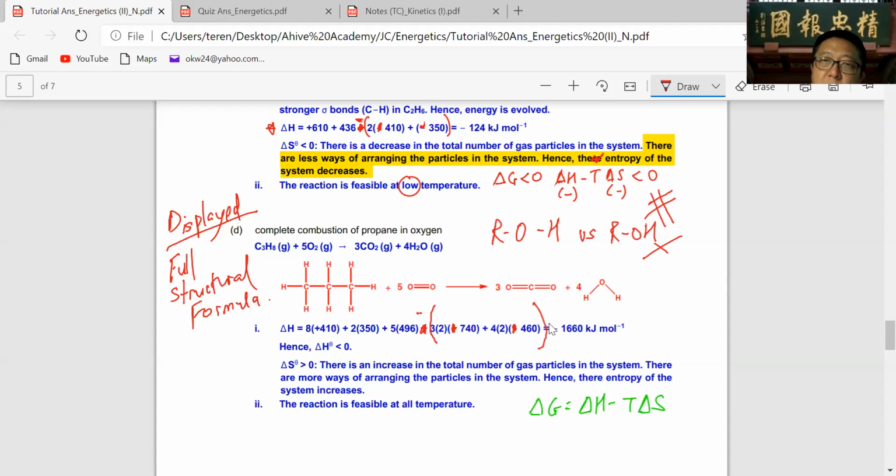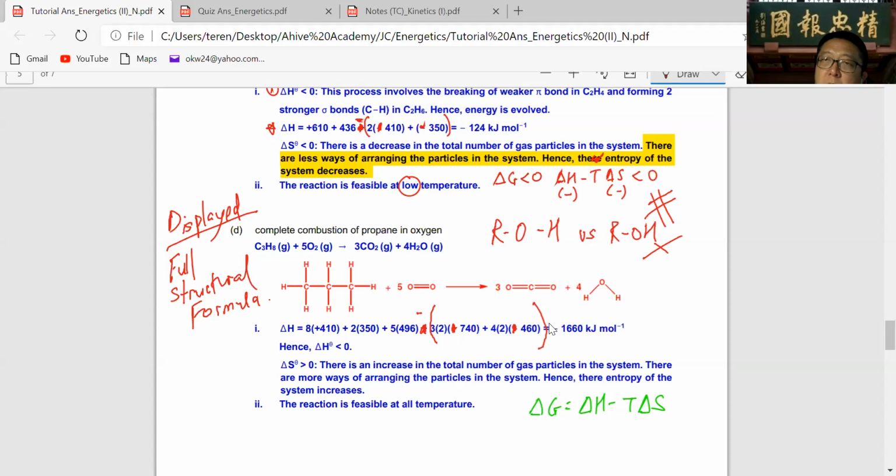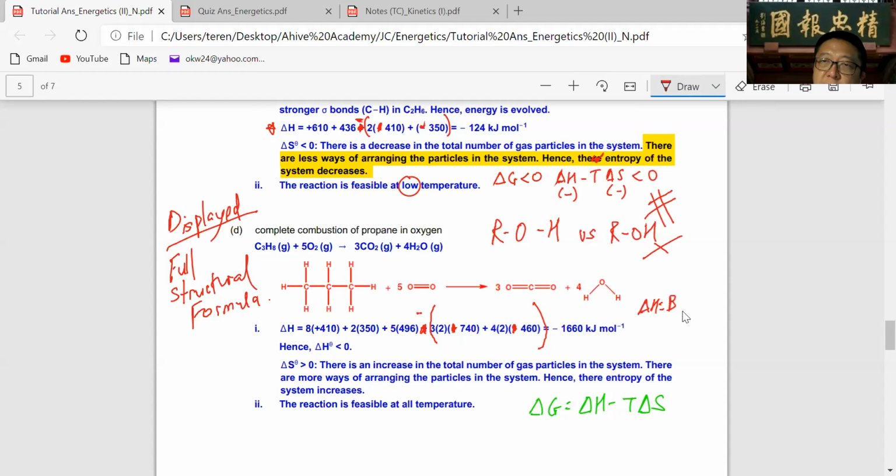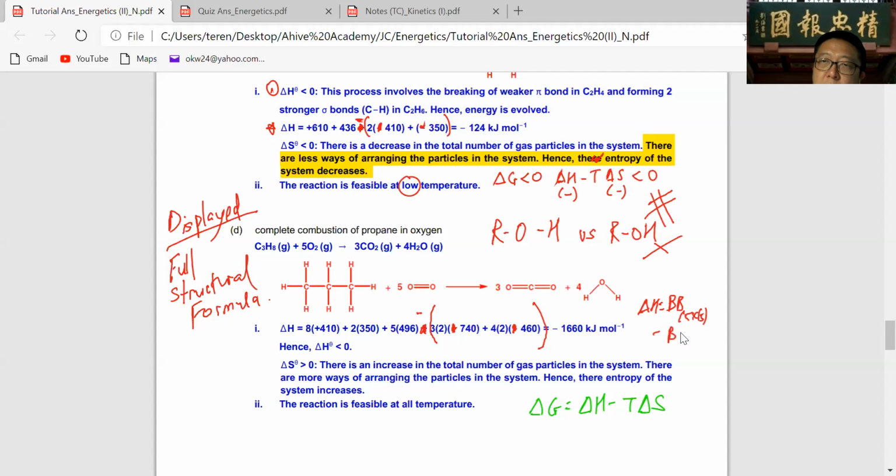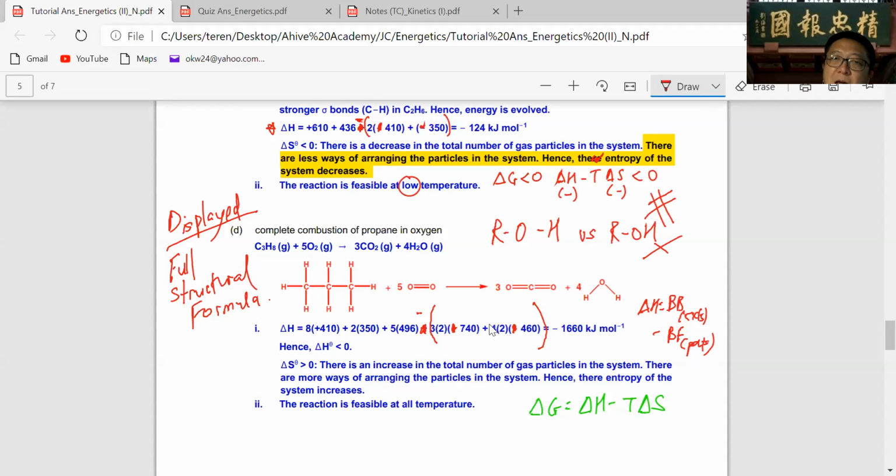So you just stick to what I taught you the last time round. Bond breaking minus bond forming. Enthalpy change is the bond breaking for the reactants minus the bond forming for the products. We ignore the sign totally.